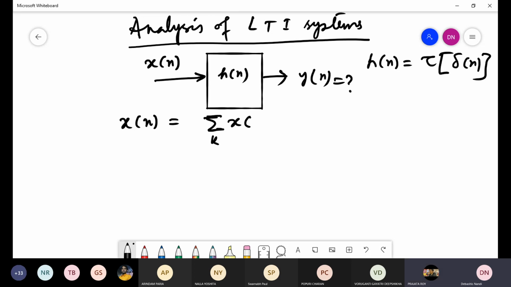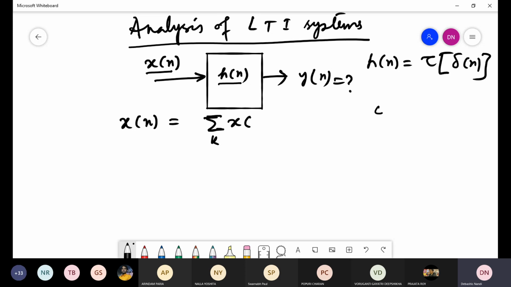So if x(n) is delta(n), in that case we get h(n) out. But when you are applying x(n), which is an arbitrary function, then what will be the output that we have to find out? What will be the output in terms of h(n) and x(n)? Okay. h(n) is given. h(n) is the output when you are applying delta(n) at the input. But if you apply x(n), then what will be the output?